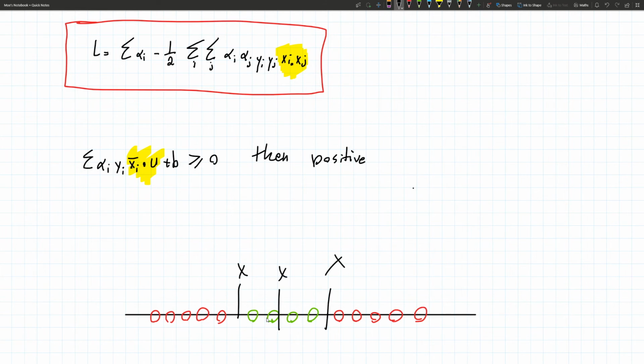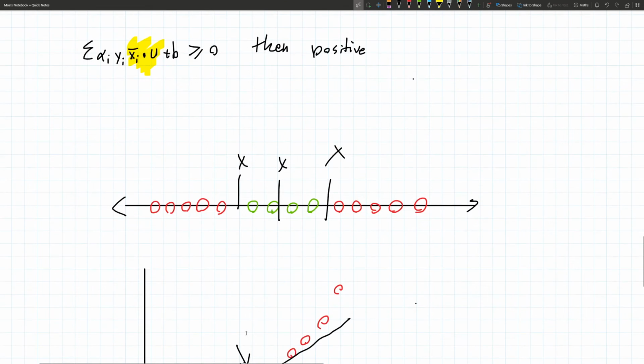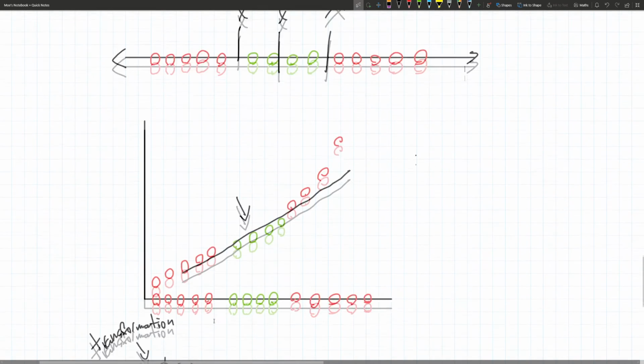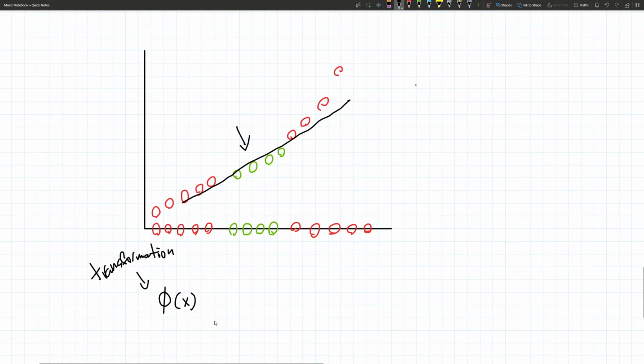What does SVM do when we have data that's not linearly separable? We do a transformation. What is that transformation? The transformation maps the data to a higher dimension. This data is one dimension, and we transform the data to 2 dimensions, which are more convenient for us.